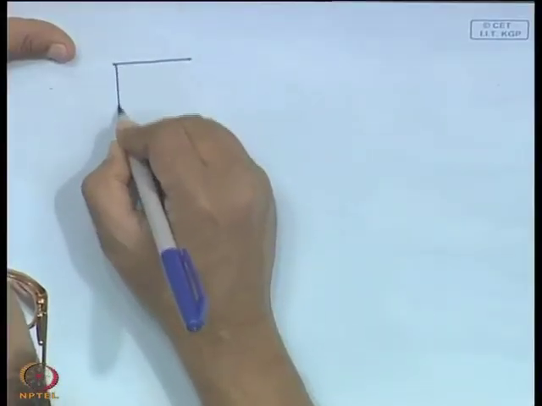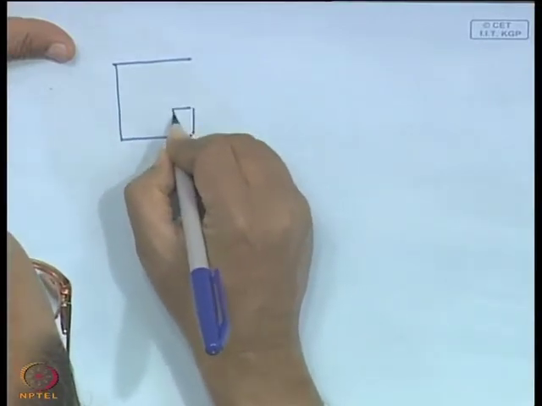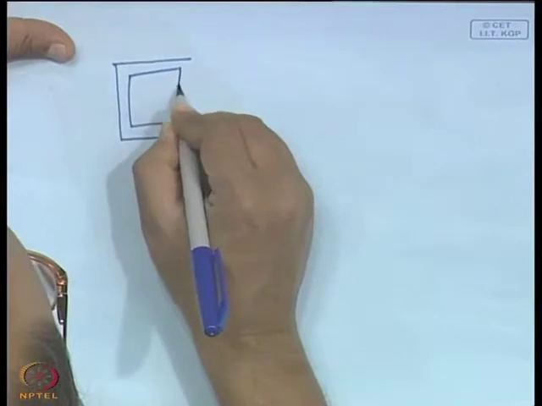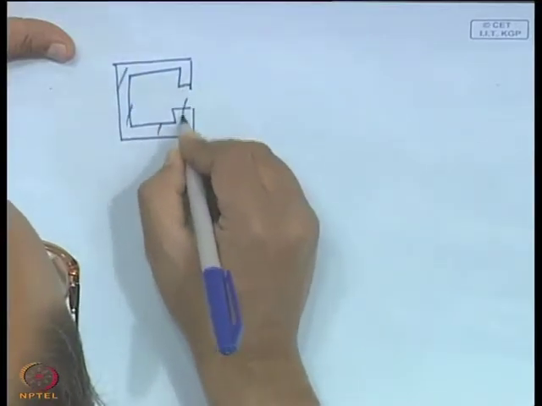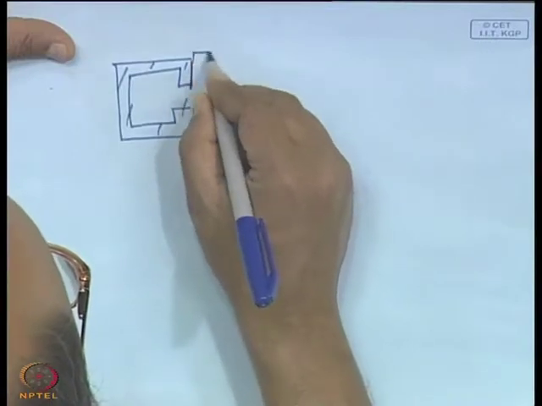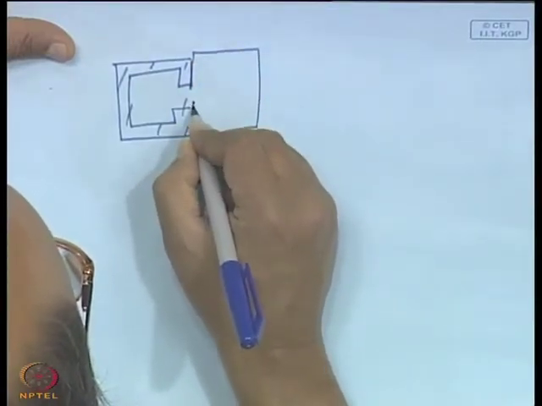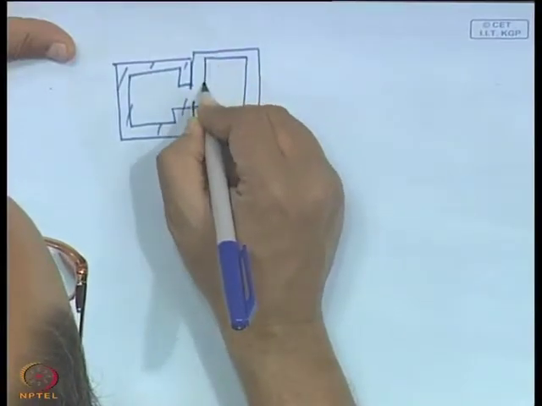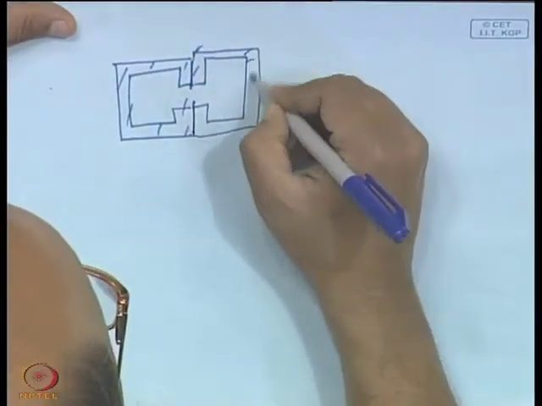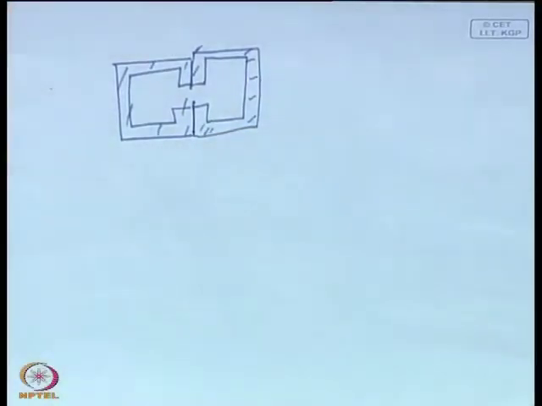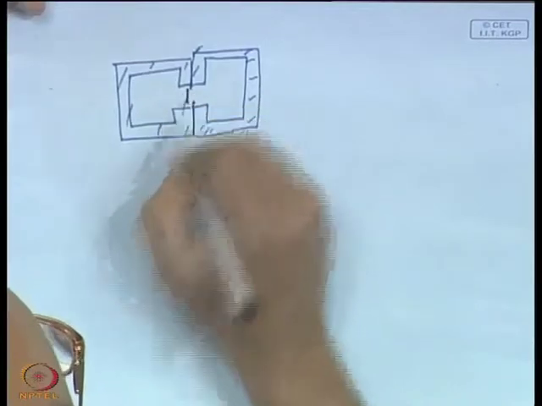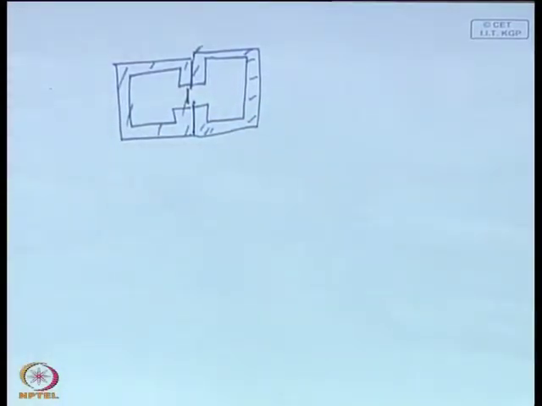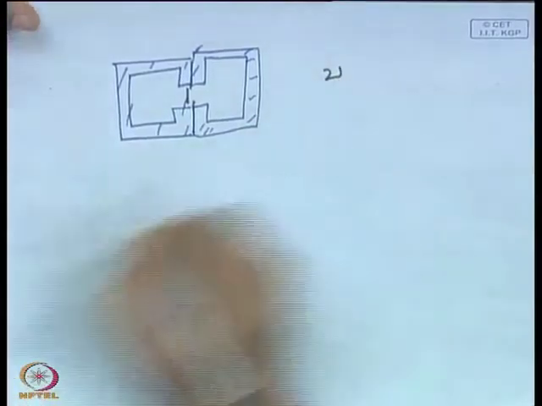So, let us draw two cavities, two black body cavities, whose shapes could be different, the material that makes up these two different cavities could be different, and we assume that there is a filter in between which only lets light of a certain frequency nu pass through.